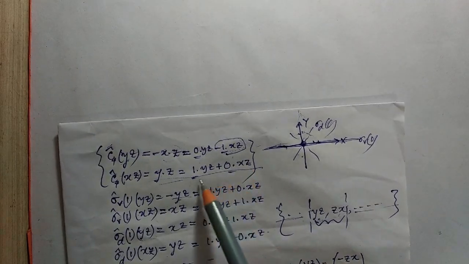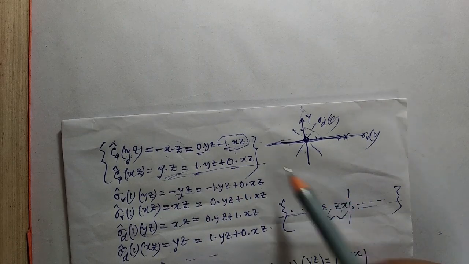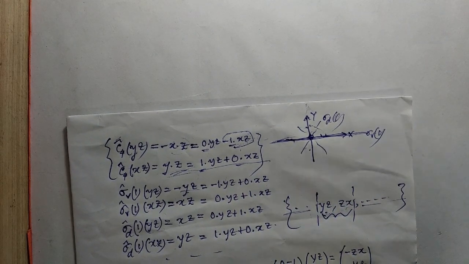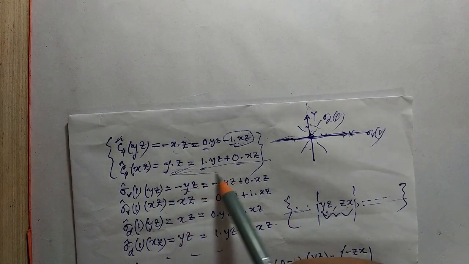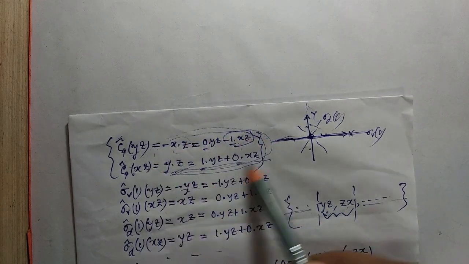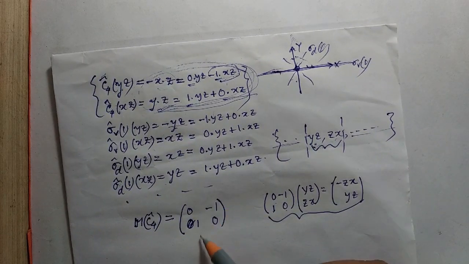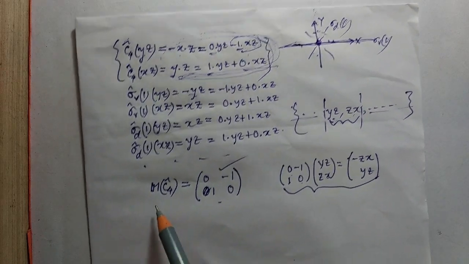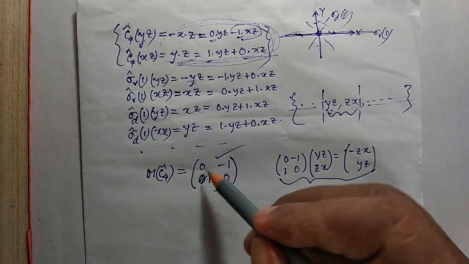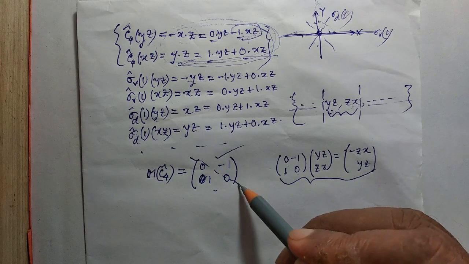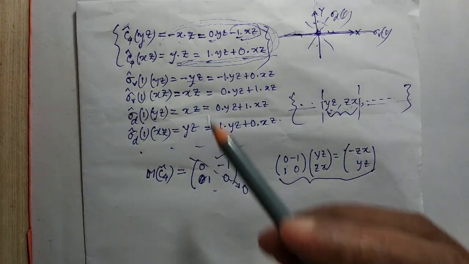Yz, we have got it here. So this matrix multiplication is coming from here, and therefore this is the matrix representation of the C4 operator. And what is the trace of the matrix? Matrix is 0.